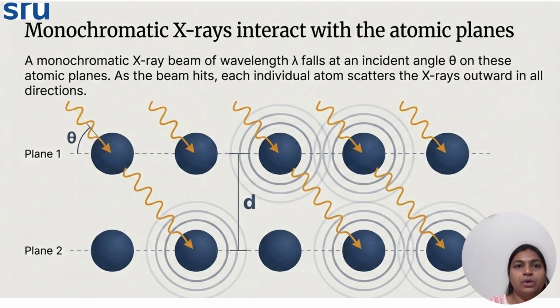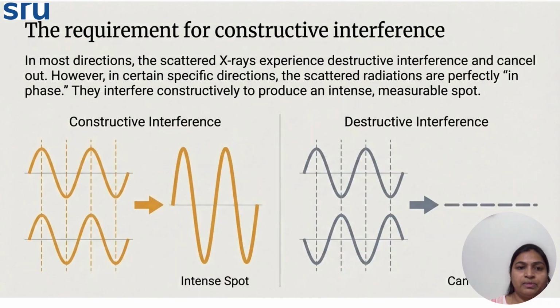In most directions, the scattered X-rays experience destructive interference and cancel out. However, in certain specific directions, the scattered radiation is perfectly in phase, so it interferes constructively to produce an intense and measurable spot.